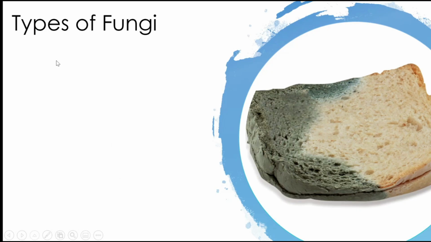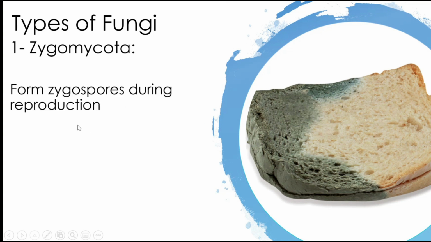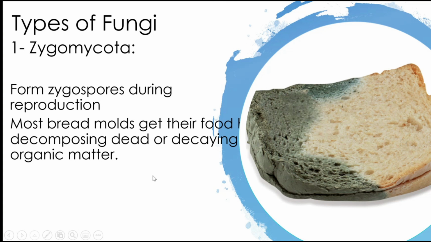If we go back to the types of fungi, firstly we have the Zygomycota. They form zygospores during reproduction. Most molds get their food by decomposing dead or decaying organic matter.